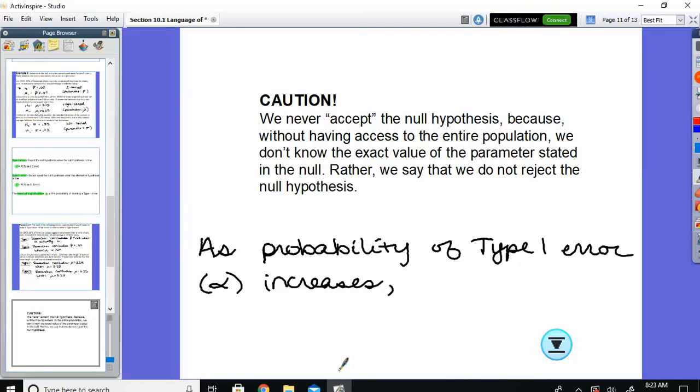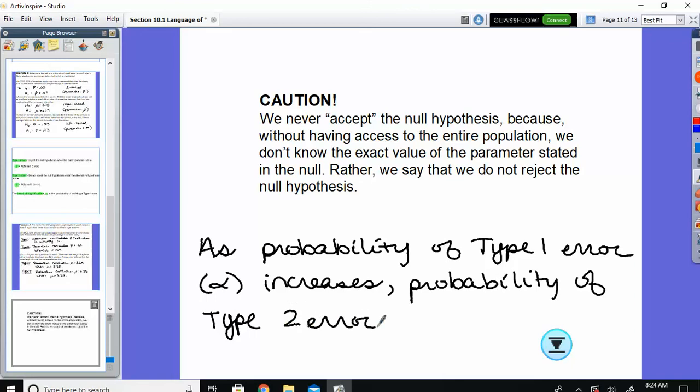It would go down because they're opposite things. So as the probability of type 1 error increases, the probability of type 2 error, which is beta, will decrease. And vice versa. If the probability of my type 2 error is going up, that means there's a lesser chance of committing type 1 error.